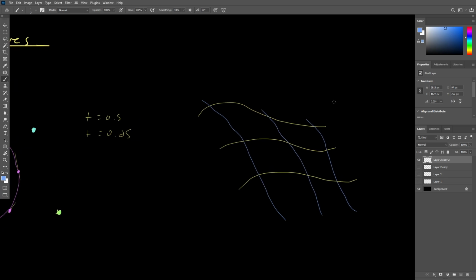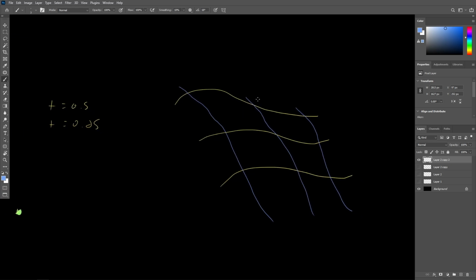Okay, so I am not describing a polygon mesh here. Instead, I'm describing what we call a Bezier surface. All right, so simply by taking this intersecting set of Bezier curves, we can come up with something called a Bezier surface.